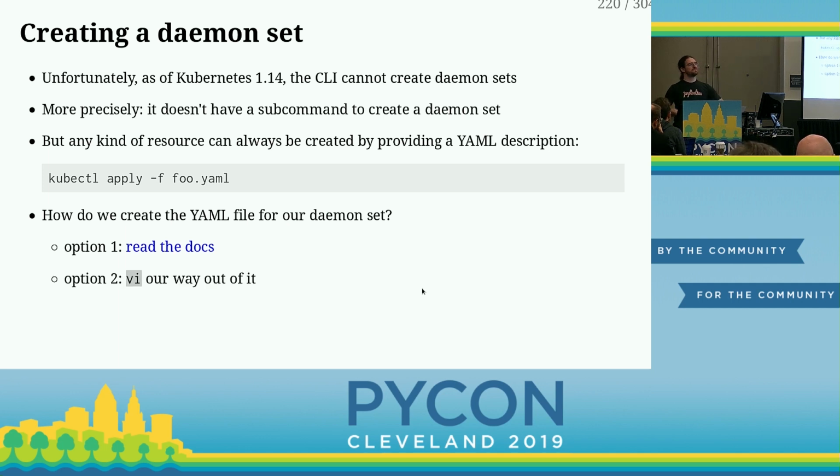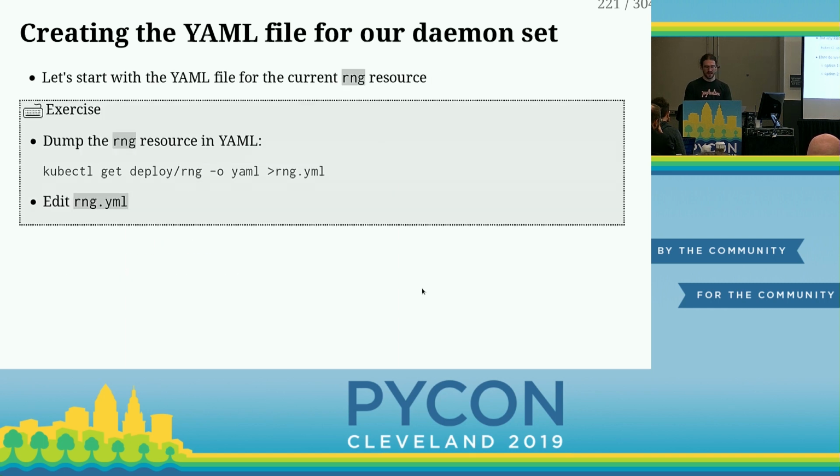We're going to get a YAML that hopefully is close enough and see if we can twist it a little bit to get what we want. I'm going to get the YAML of the RNG deployment, since it's already creating pods for RNG, and see if I can turn that into a daemon set. So how do I get the YAML for an object? Well, we saw this already.